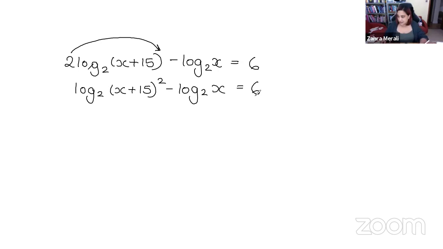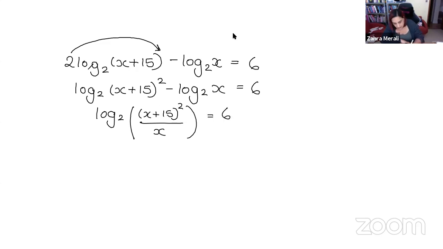Now we've got a minus, which means we can divide because the base is the same. So you've got x plus 15 squared over x, and that equals 6. And now what does this mean? So this means 2 to the power of 6 equals all of this.